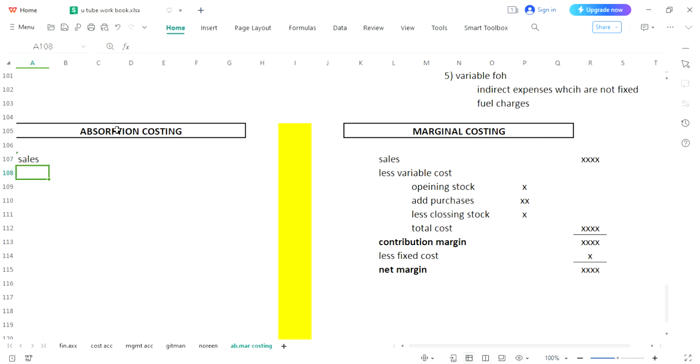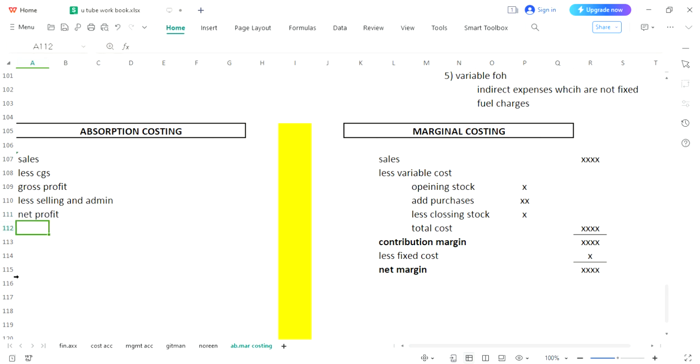Then we subtracted our cost of goods sold. The final answer was called gross profit, and then we subtracted all selling and administrative expenses, with which we got net profit.